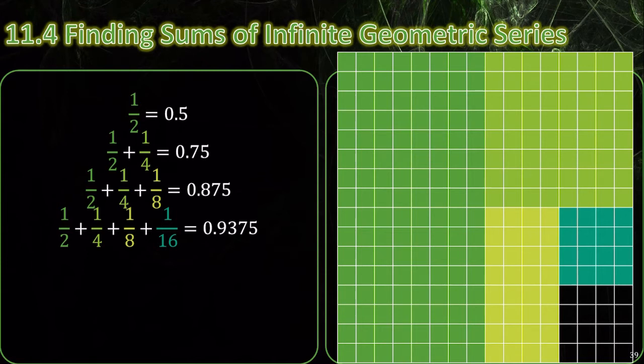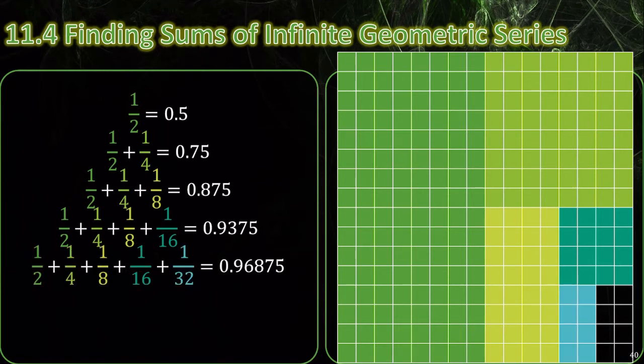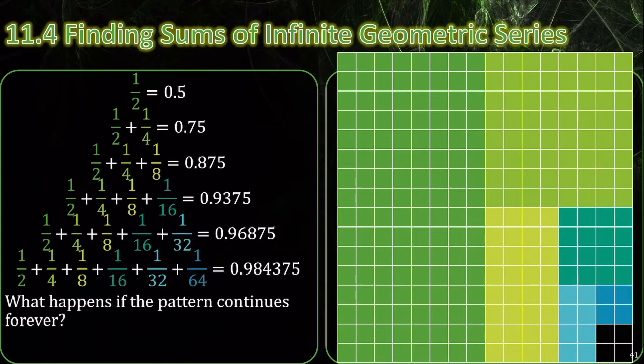Half of a 16th would be a 32nd. So a half plus a quarter plus an eighth plus a 16th plus a 1/32 is 0.96875. And I add half of what's remaining, which would be, what, a 64th? So I have a half plus a quarter plus an eighth plus a 16th plus a 32nd plus a 64th.